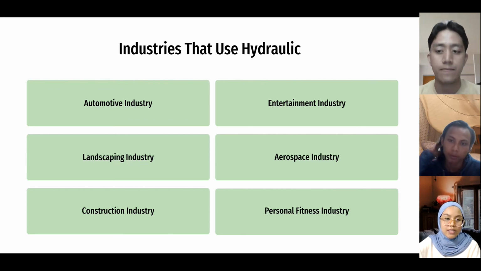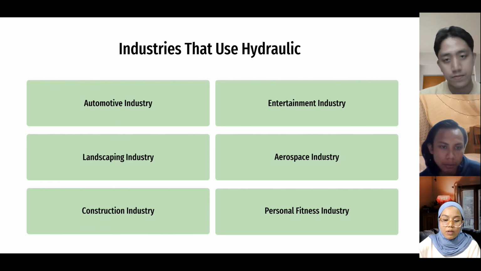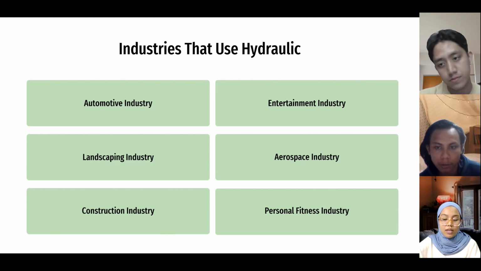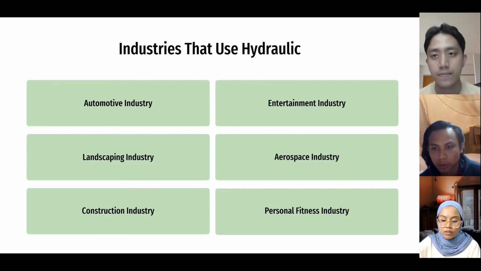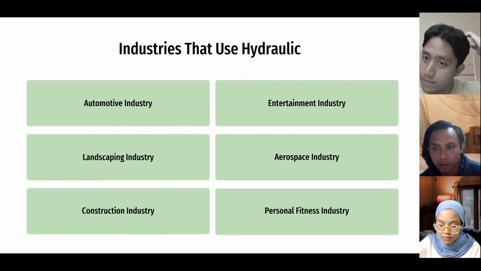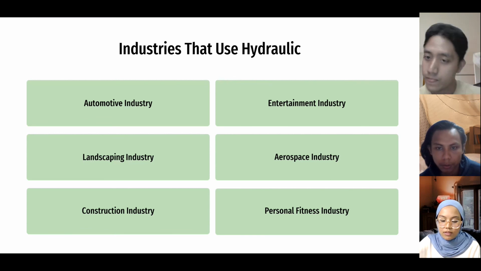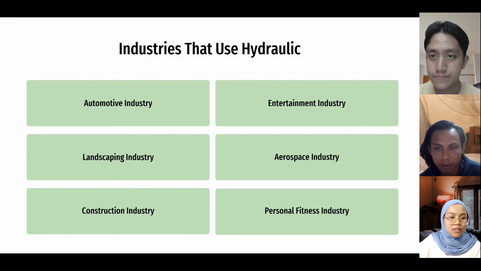The second one is the landscaping industry, another big user of hydraulic machinery equipment such as skid steers used to move gravel, dirt, and others. And then the third one is the construction industry.